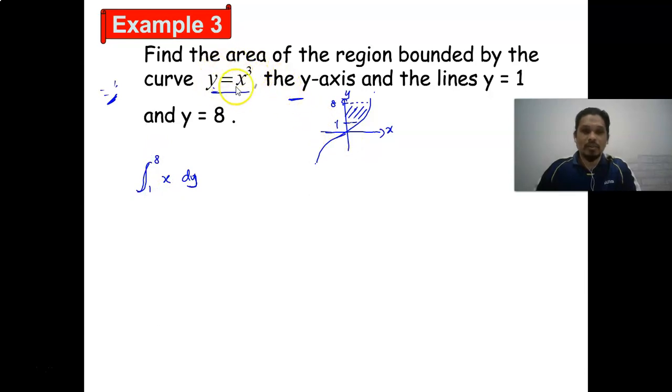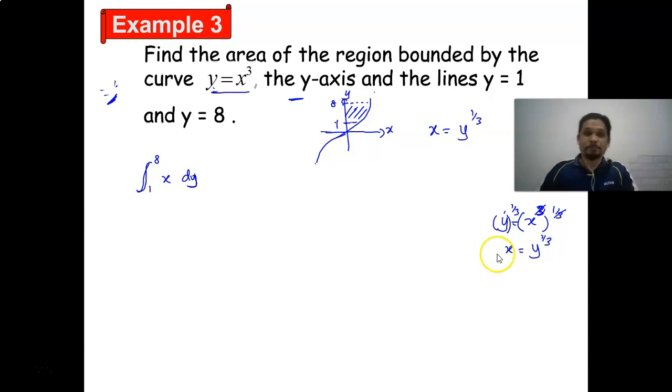From the equation y equal to x cubed, we want it in terms of x equal to f(y). So taking the power of 1 over 3 on both sides, x equal to y to the power of 1 over 3.